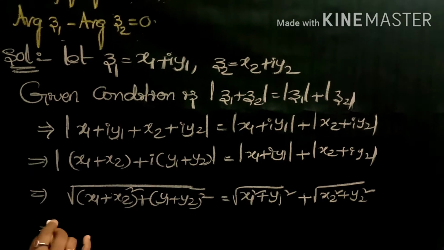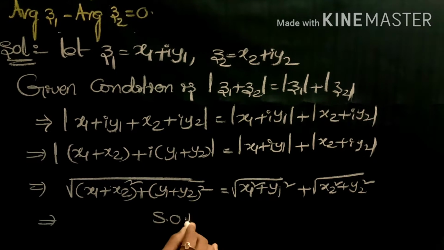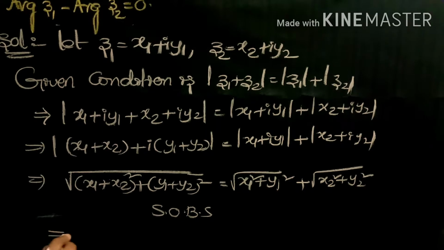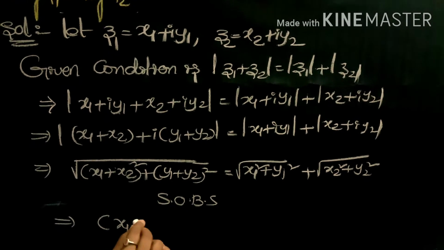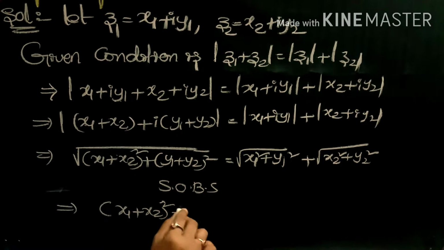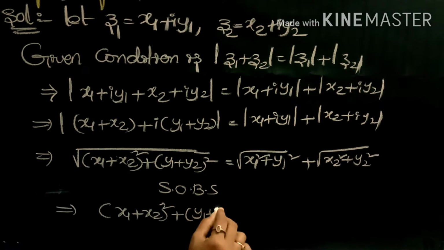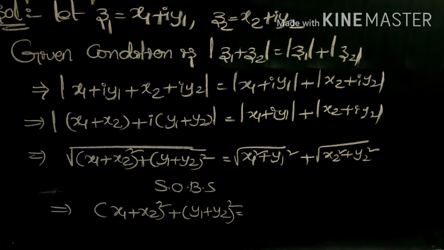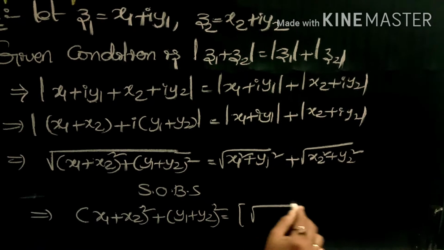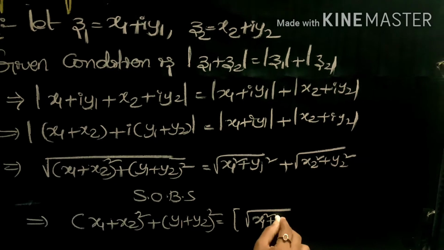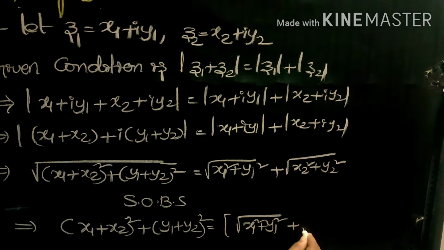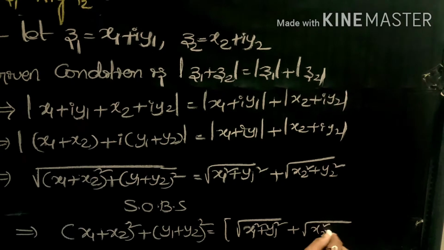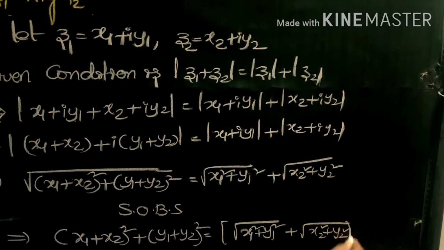Now squaring on both sides, which implies x1 plus x2 whole square plus y1 plus y2 whole square is equal to square root of x1 square plus y1 square plus square root of x2 square plus y2 square, whole square.